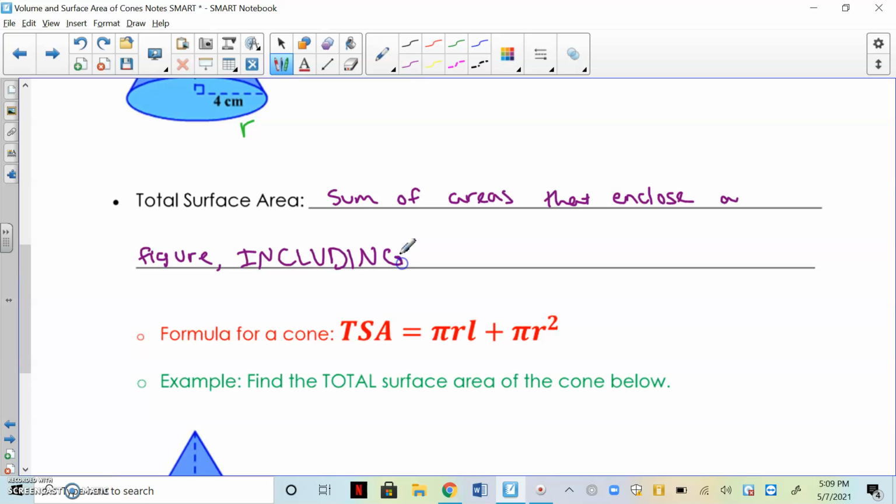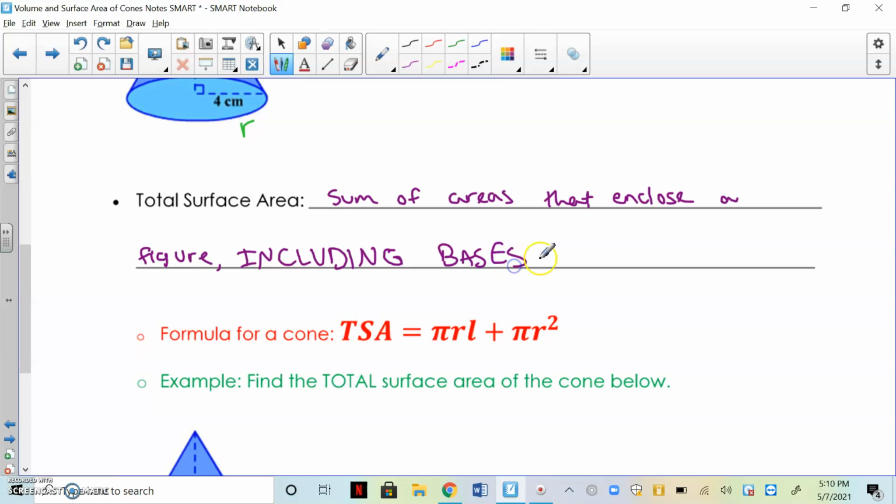Also, I won't always say the word total when I'm asking for a total surface area. If I just say find the surface area, I mean total surface area. So just assume that it's total unless I say the word lateral. If you see the word lateral somewhere, that's when there's a change. So the sum of areas that enclose a figure, including the bases.